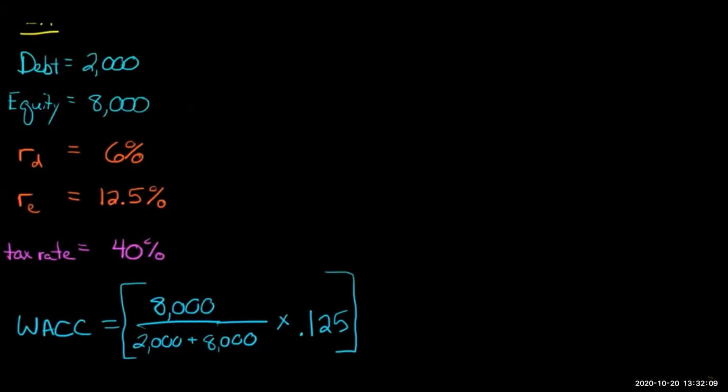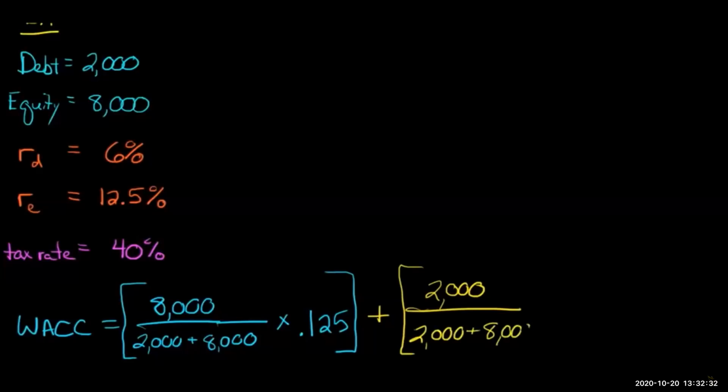Change colors, and now we have to add in the weighted average cost of the debt. We do something very similar. We take the 2,000, which is the debt, but now we have to weight it by taking the proportion: 2,000 over 2,000 plus 8,000.